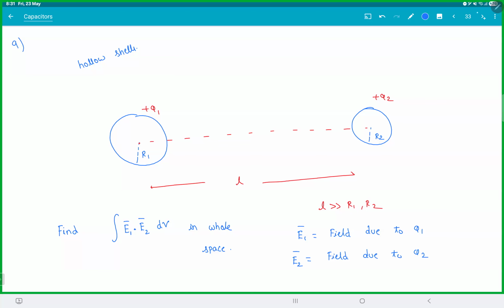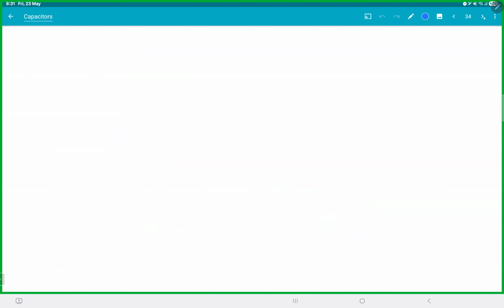See, so now we know the total energy stored in the system is the integral. We saw last time the energy density: this will be half epsilon E net squared dV.